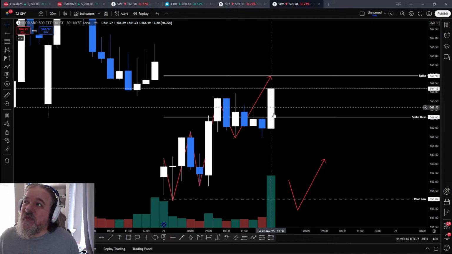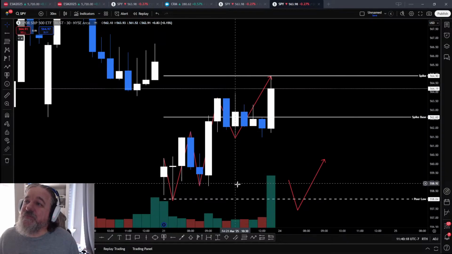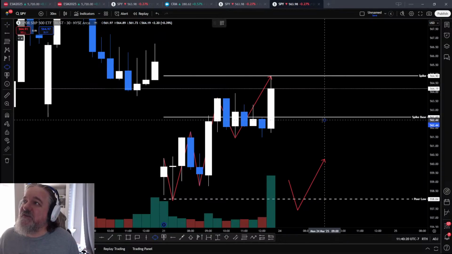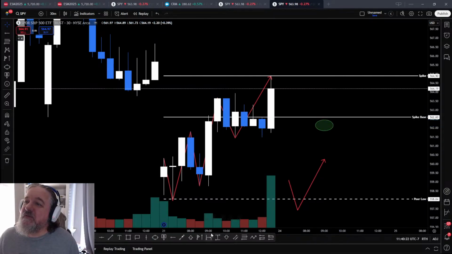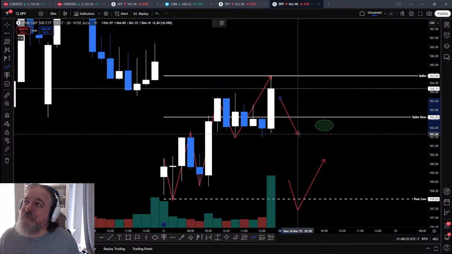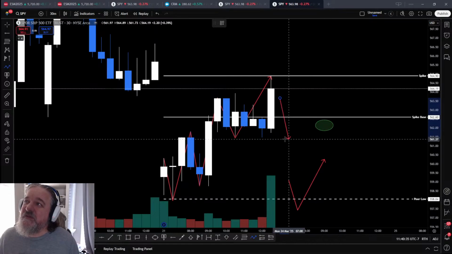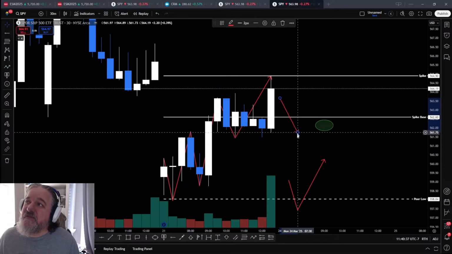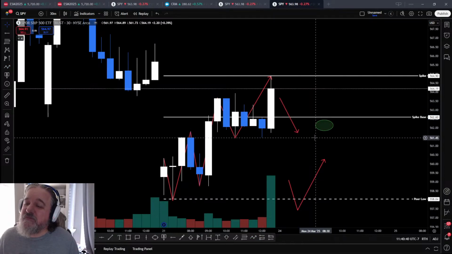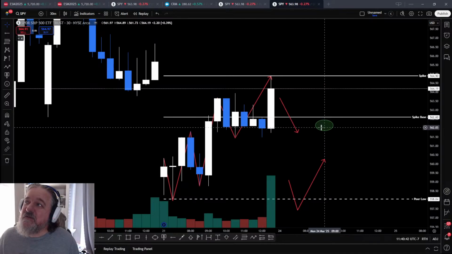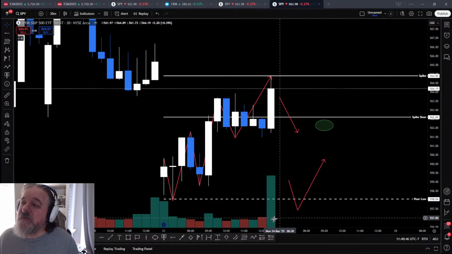What we know with TPO is if we open below our spike base, and I'm drawing from here because pre-market, whatever, they're still going to be trading in this range. In this scenario, if we open down here, then sellers were being more aggressive, right? So down here, this would be bearish generally if we open below this.